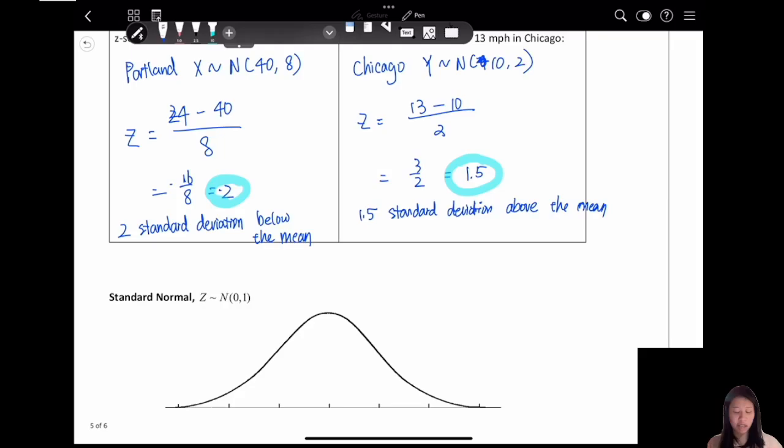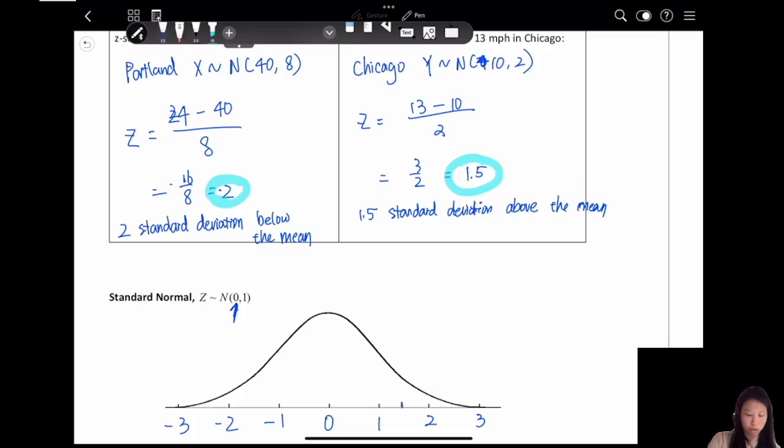So for our standard normal distribution, basically you make the mean equal to 0 and the standard deviation equal to 1. So on this graph the center would be 0, and this is 1, 2, 3, -1, -2, -3. So now let's take a look. Where is the Chicago wind? The Chicago wind is in here.